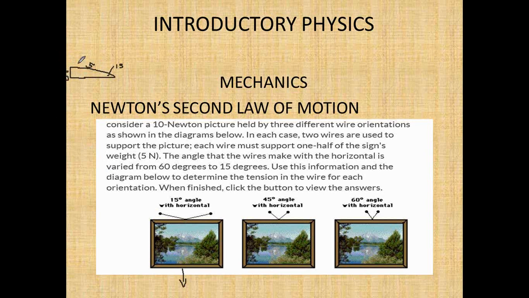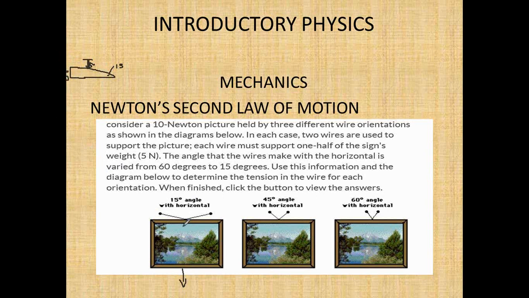Okay? So this angle is 15. The hypotenuse is the tension. We don't know the tension in the cable. Because the weight is going straight down and it's 10 newtons, the force going upward has to balance that force which is going downward.